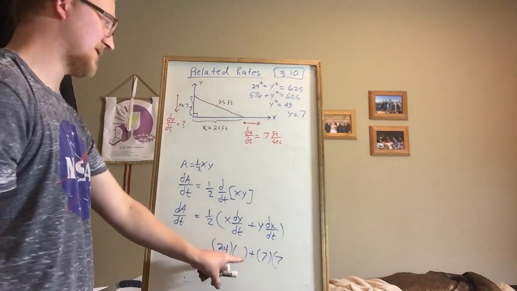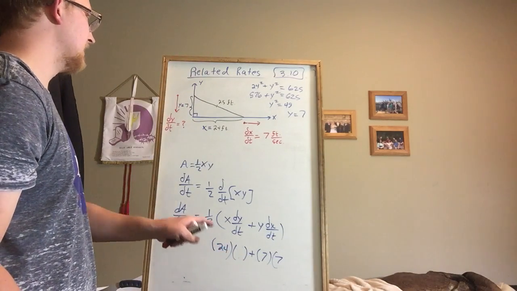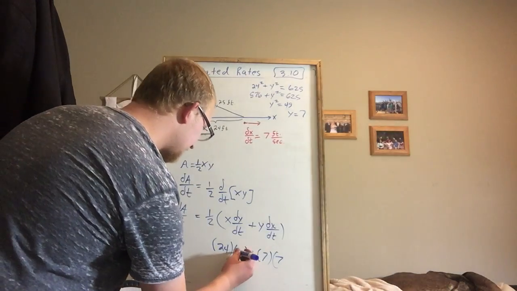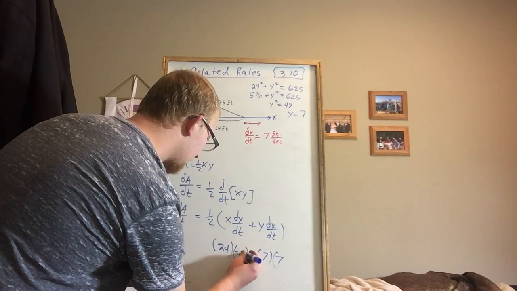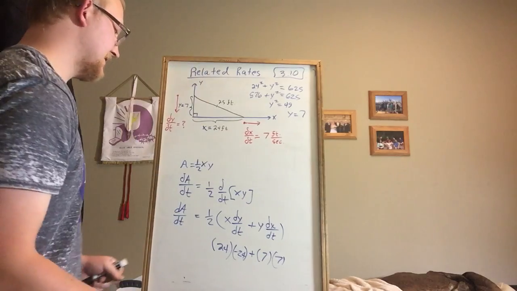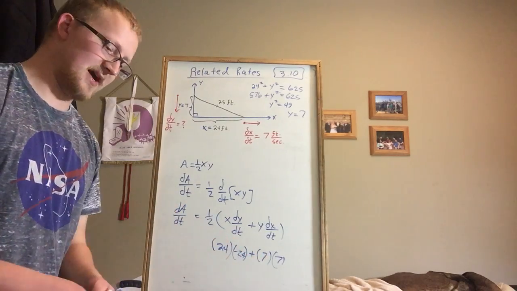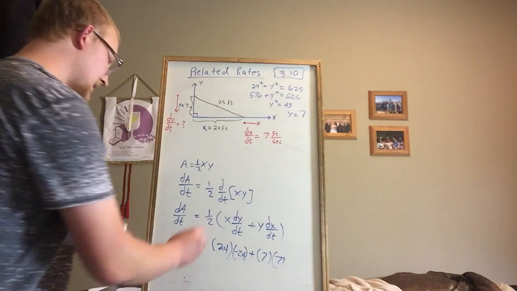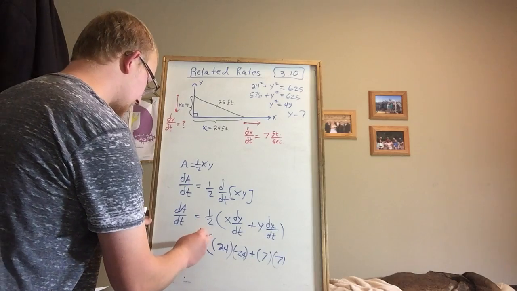Dy dt we solved for last problem, and I forgot to write it down. It's negative 24 feet per second. That's kind of interesting. These numbers are matching up nicely. And all of that is times 1/2.